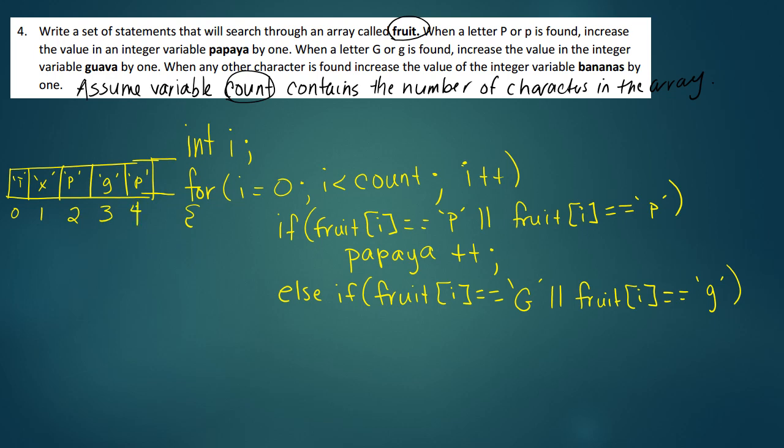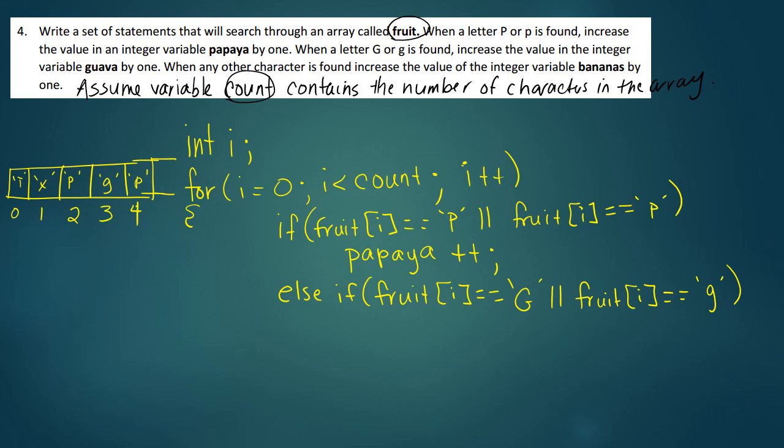So the count for this would be 5 because there's 5 elements in it. So we'd start when i is 0 and i is less than count, and we're going to compare each one. This would be fruit of 0, fruit of 1, fruit of 2, fruit of 3. And if we find it, we're going to update these variables.